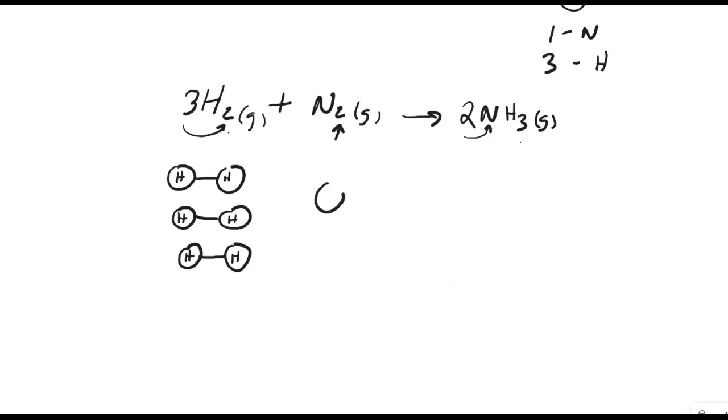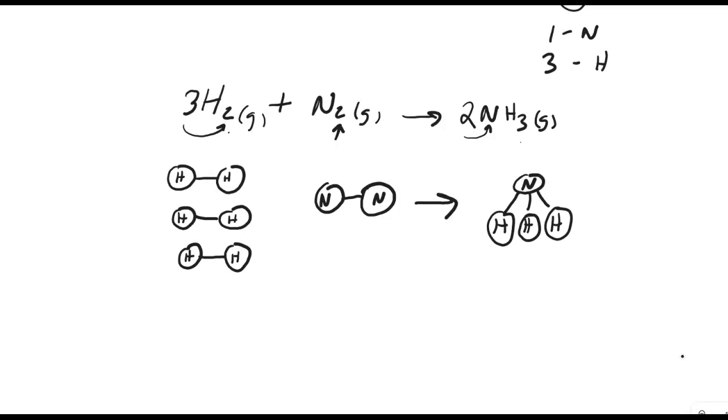And I have my N2. And on this side, we're going to get 2 of these guys, N. And again, this is not a very accurate representation of the shape of these molecules, but we don't care about that right now.